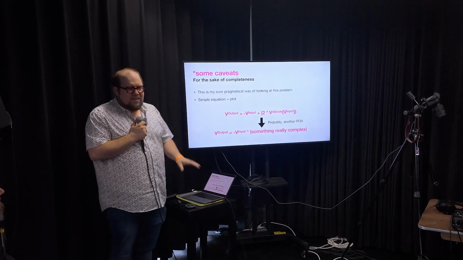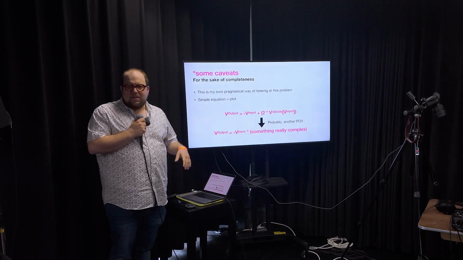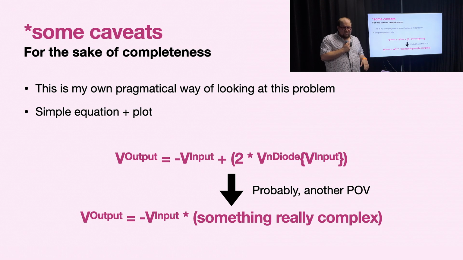So for the sake of completeness, some caveats, because I'm going to be putting this on YouTube and I want to get ahead of the people who are going to start nitpicking. Probably you can rework that function into something that says V output is V input times something. I started working that out mathematically, and I can tell you it gets complicated real fast.